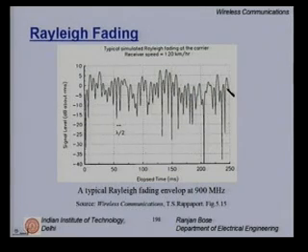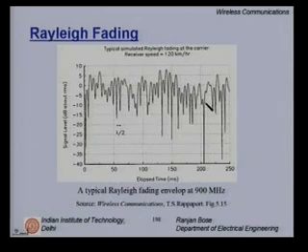Now, this is a typical Rayleigh fading profile. If you plot and look at the histogram, you will find that it actually has the Rayleigh distribution. What is interesting to note are the presence of various deep fades. If you see, there are deep nulls here.